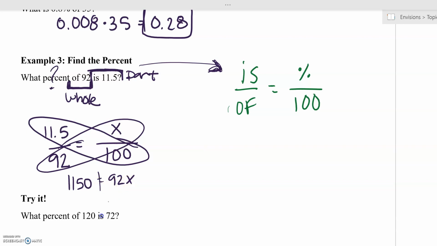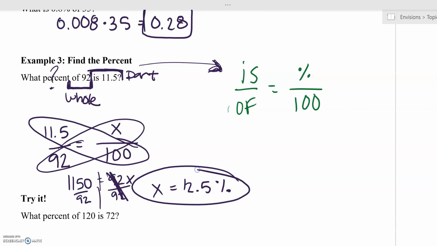So I need to get x by itself, which means I divide by 92. So when I divide by 92, x is by itself, and I'm going to get 12.5%. I just have to add the percent symbol after. So in my calculator, it read 12.5. I just need to make sure I put my percent after the 12.5.